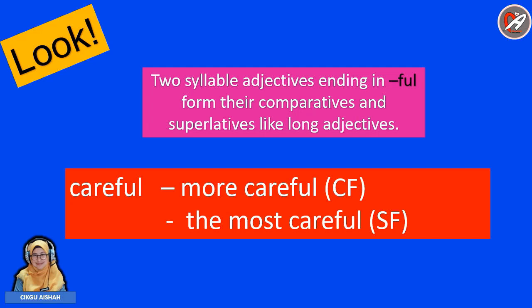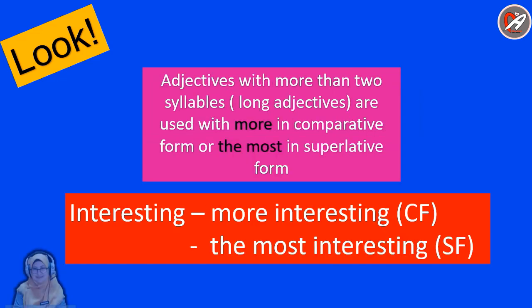We add more to the adjective: more careful for the comparative form, and we add the most to careful in the superlative form. More careful in the comparative form, and the most careful in the superlative form.